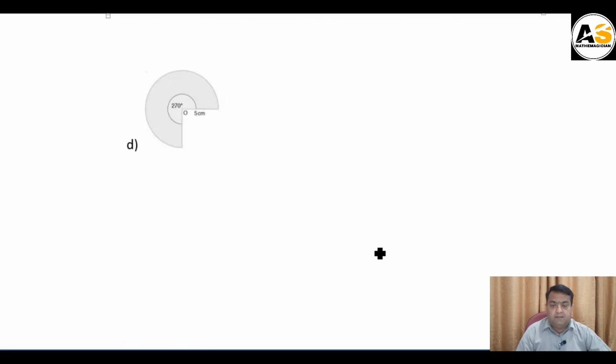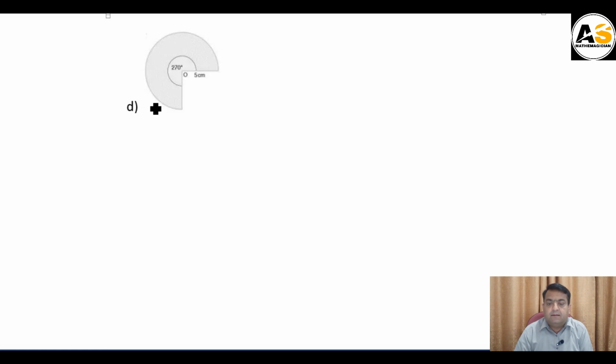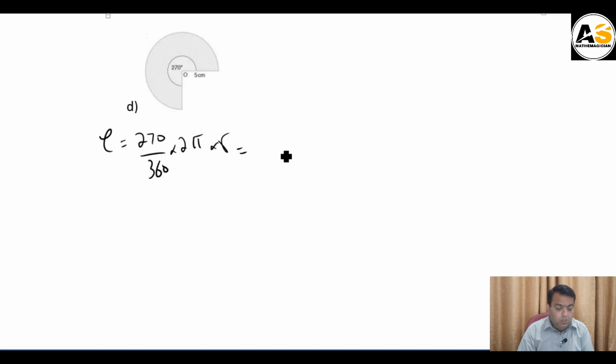Now the fourth part. Again, we have to find the arc length and the sector area. Central angle is 270. So arc length will be 270 over 360 into 2 pi r, which will be simplified to 23.6 centimeter.